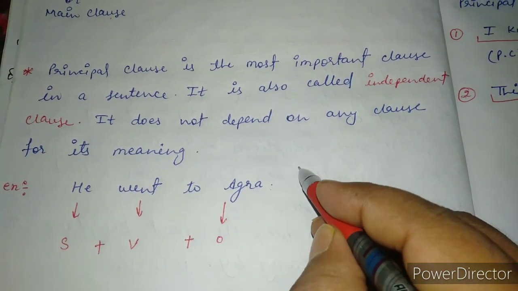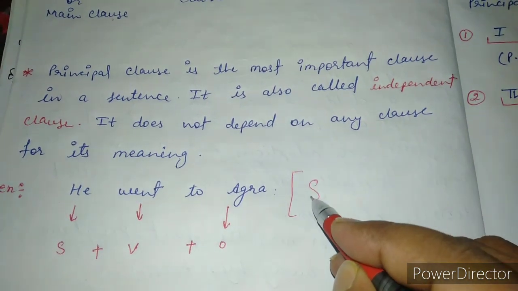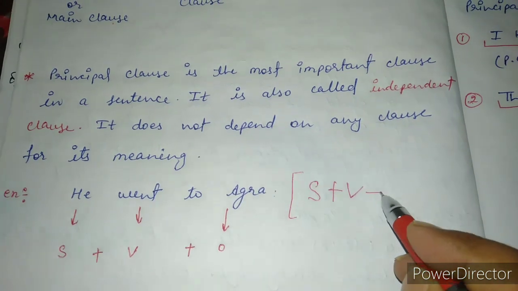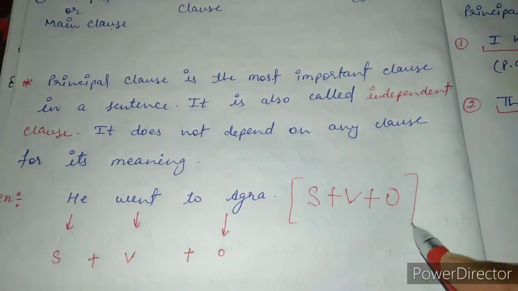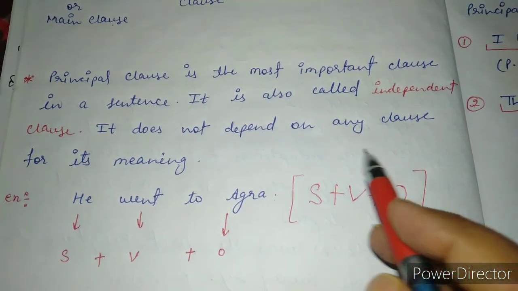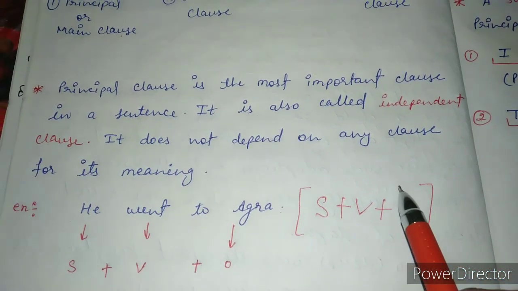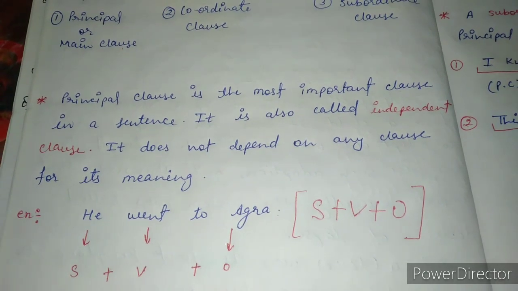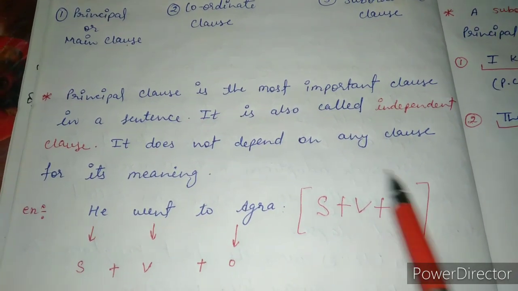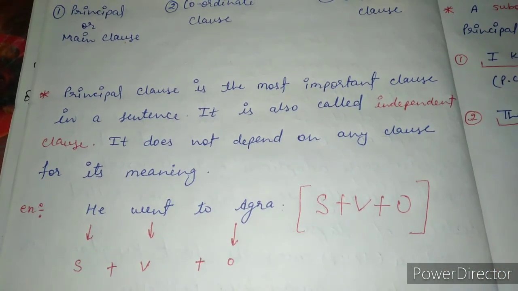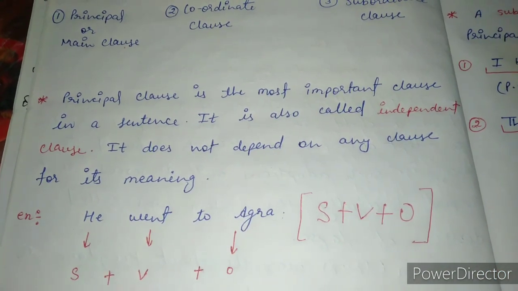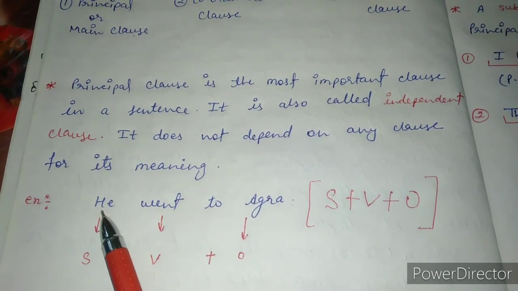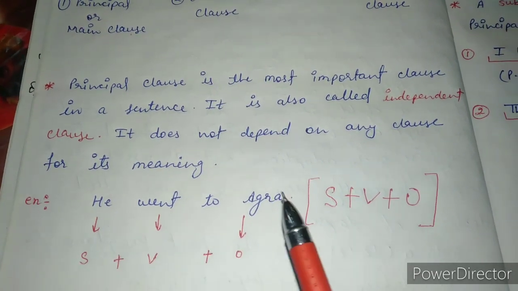So you can understand that if there is one subject, one verb, one object in a sentence, this sentence can be called a principal clause or main clause, because it is independent altogether. He went to Agra, it is a complete sentence, which includes one subject, one verb, one object.